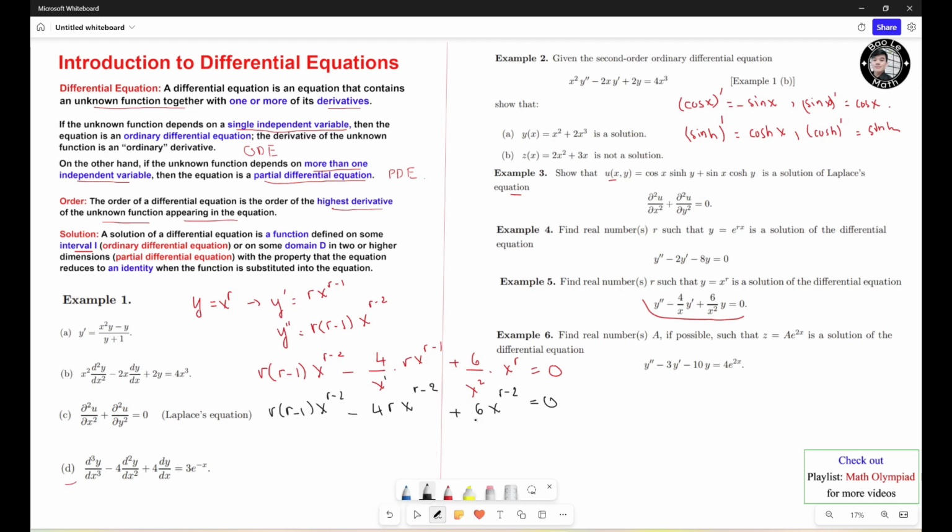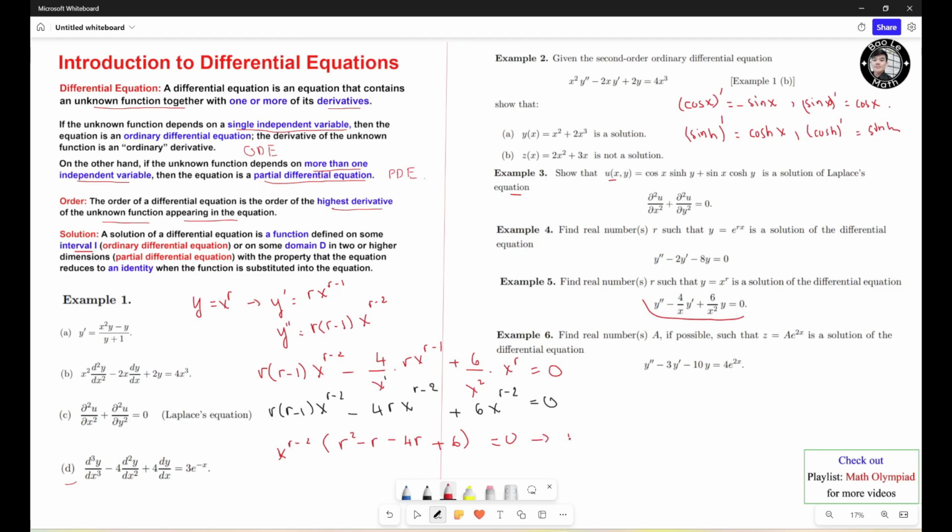Alright, now we just factor s to the r minus 2 out, so it's going to be r squared minus r, and this is minus 4r, and this is plus 6 equal 0. You know that y is different from 0, so we only need this one equal 0.